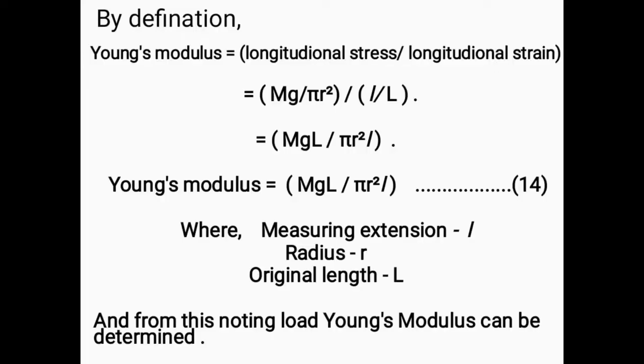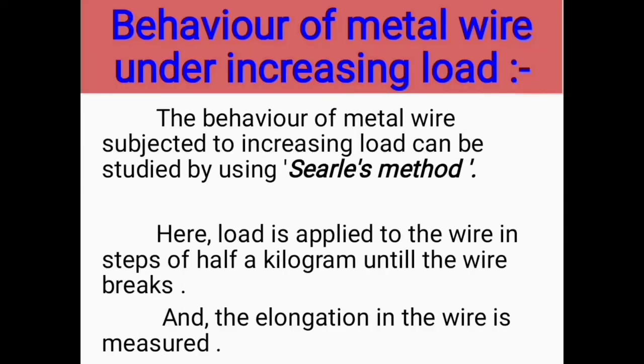Guys, until now we have studied the determination of Young's modulus of a material of a wire, and for that we found this formula, formula number 14. Now we are going to study the behavior of a metal wire under the increasing load.